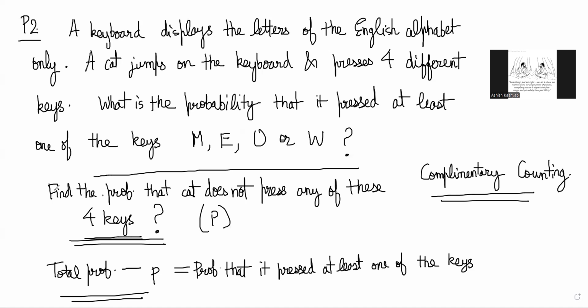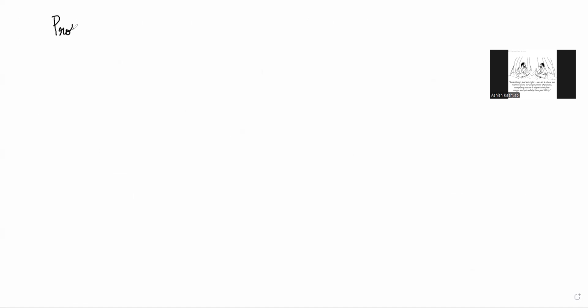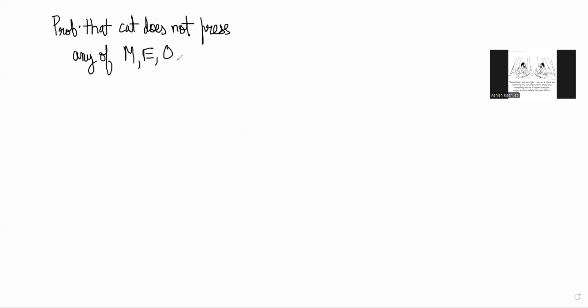Okay. So probability that cat does not press any of M, E, O, W. When the first key was pressed, what is the probability that the cat does not press any of these 4?